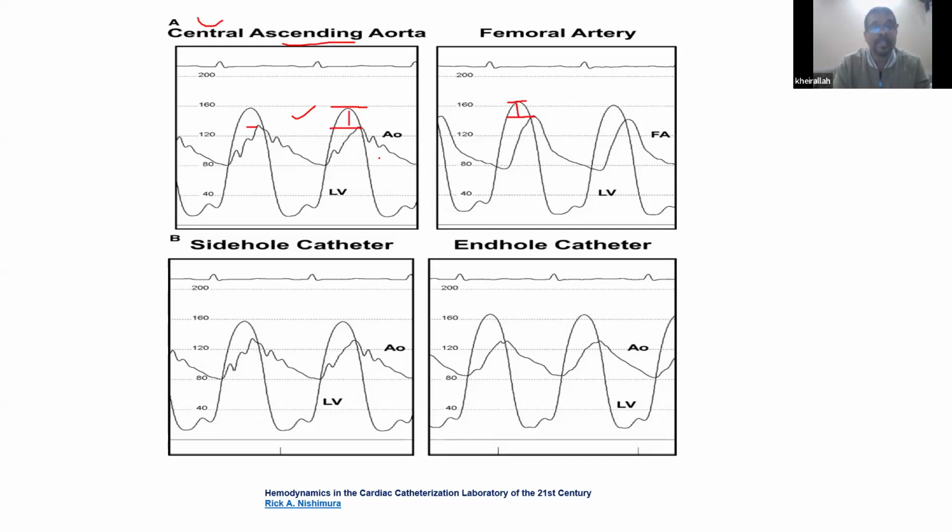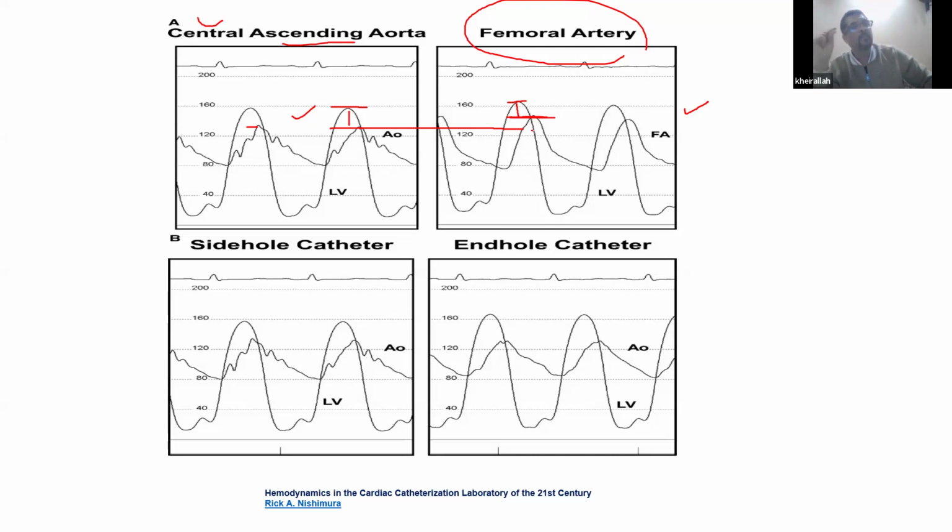So for the same patient, if you measure the peak-to-peak gradient in a case of aortic stenosis, you get a lower figure if you are using the femoral artery. Why? Because the pulse gets augmented. When you compare this pulse at the peak and at the femoral, you will notice the femoral gets amplified and augmented. And when the femoral artery pressure is augmented, it means that if you rely on it to calculate the aortic stenosis gradient, there will be an underestimation.